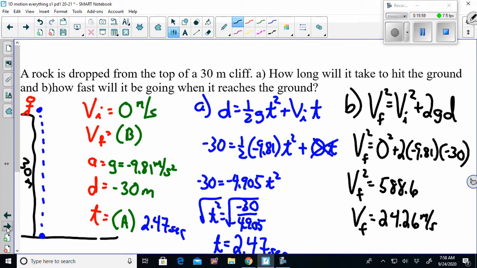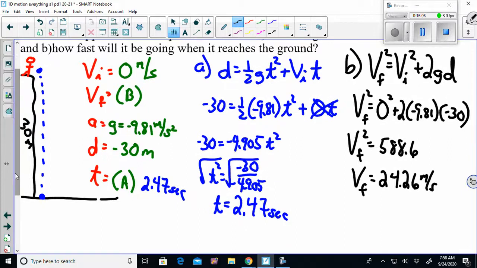Positive or negative? Right. So in this case, what direction is the velocity? It's down. We have to remember that this square root can be, and in this case, must be the negative value. Negative 24.26 meters per second. Okay?